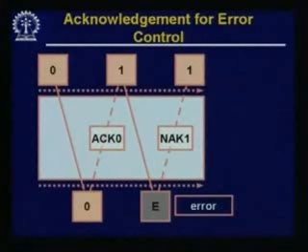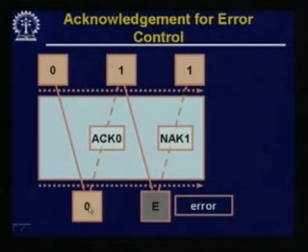Then a frame 1 was sent. I am taking this bit by bit just to make it simpler. Suppose frame 1 came with some error. We do not know what kind of error. So, frame number 0 was acknowledged. Frame number 1 was received, but it was damaged. So, a negative acknowledgement was sent, meaning frame number 1 was not rightly received. So, frame number 1 is going to be retransmitted by the sender. This is the argument.